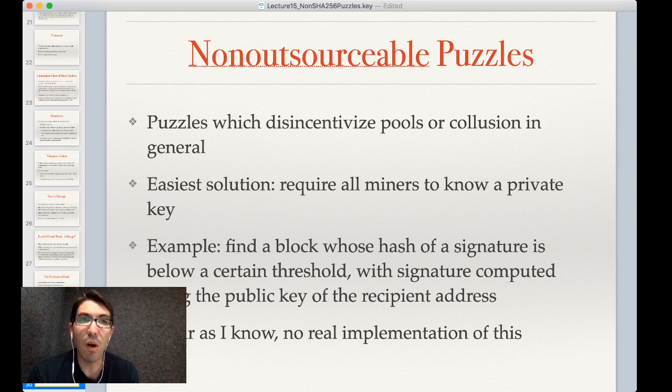There are some of these non-outsourceable puzzles that people have written about in the literature, but as far as I know, there's been no real implementation of this. There's been some talk of it, but no one has actually implemented it, although it certainly is possible.